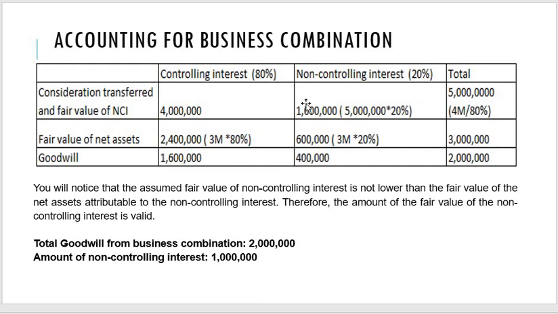So the proportionate share is 600,000, the share of NCI in the net assets of the subsidiary. But our assumed fair value of the non-controlling interest is 1 million. So the amount of the fair value of the non-controlling interest is valid. Okay? So, our total goodwill is 2 million and the amount of non-controlling interest is 1 million. Okay.